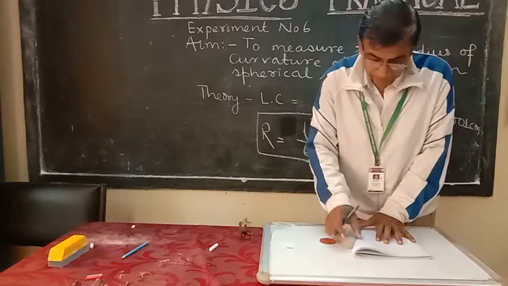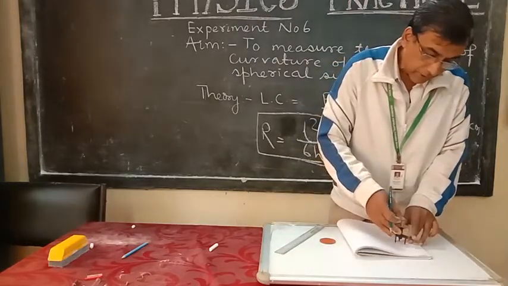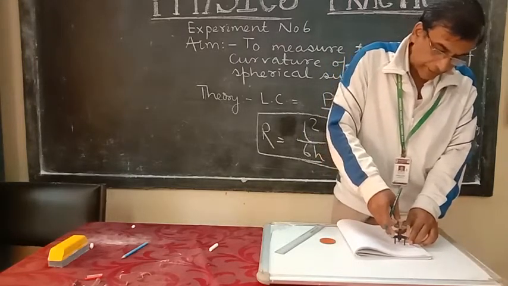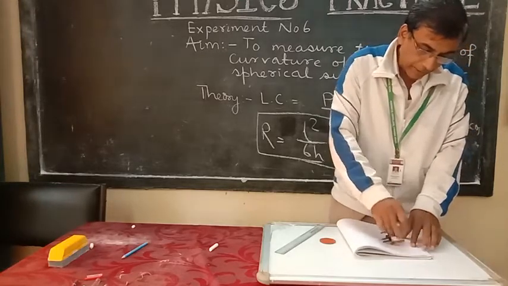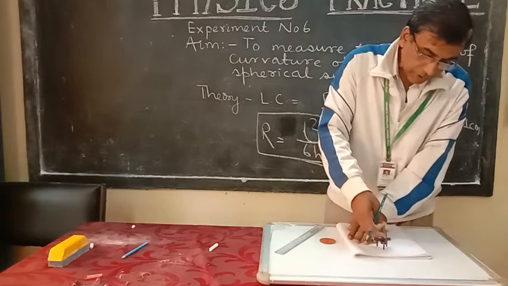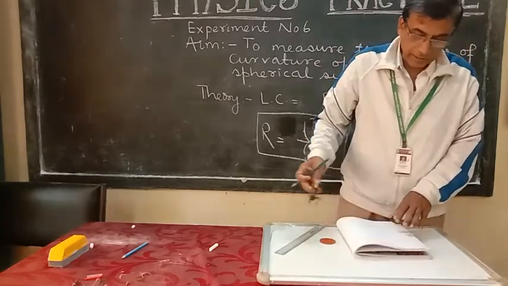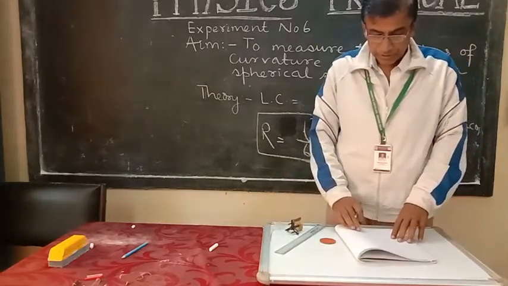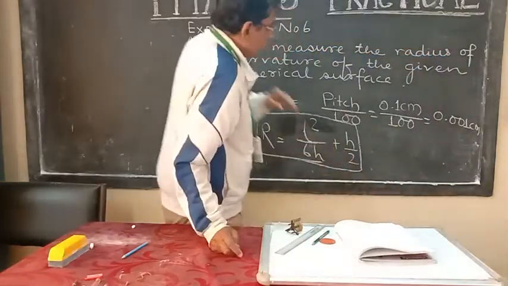Like this, you put it somewhere else. Total 3 triangles you get; press it so that it creates 3 dots on the paper, and join the 3 dots, again one more. So total 3 triangles you can get, and accordingly you will find AB, BC, AC, and you will have the table for the observation.